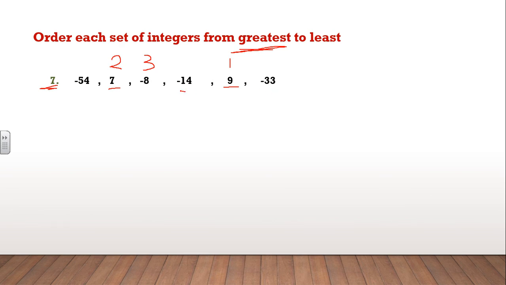So negative 14 will be the biggest. It will be 4. Then the last two numbers, negative 54 and negative 33. Negative 33 is bigger than negative 54, so it will be 5, and the last one would be 6. Let's see if what we said is correct or not. Solution. Yeah, very good.